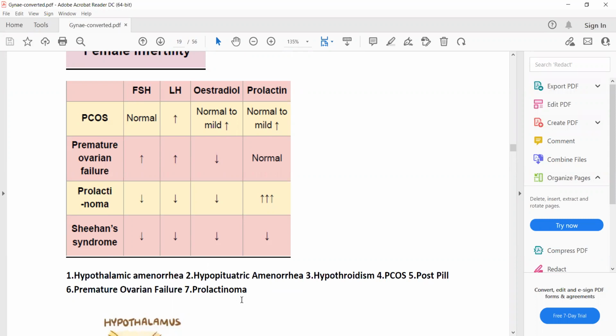So 4 causes are due to glands that are above the ovary, such as hypothalamus, pituitary, thyroid, and prolactinoma. And 3 causes are due to problems in the ovary, such as polycystic ovarian syndrome, post-pill amenorrhea, and premature ovarian failure. Even post-pill amenorrhea is due to problems in the pituitary gland, due to problems in the FSH and LH secretion. How that we will discuss in a few minutes.